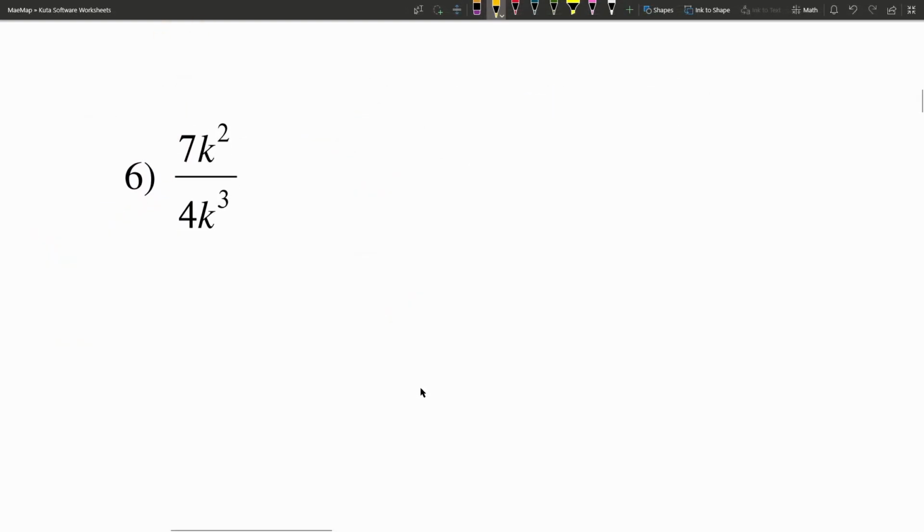In number 6, we have 7k squared over 4k cubed. I'm going to break my fraction up as 7 over 4 multiplied by k squared over k cubed.